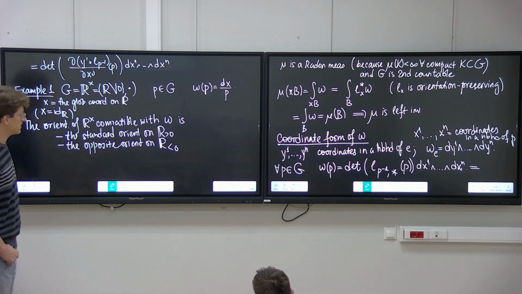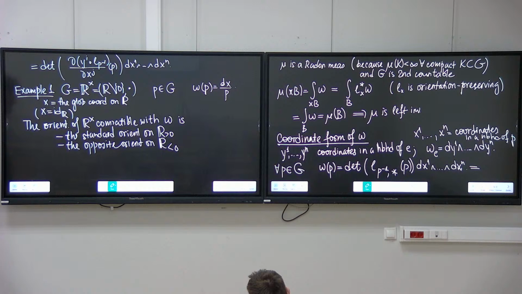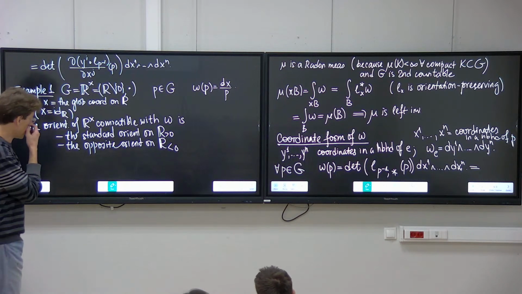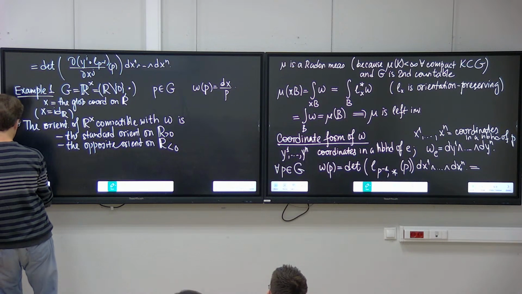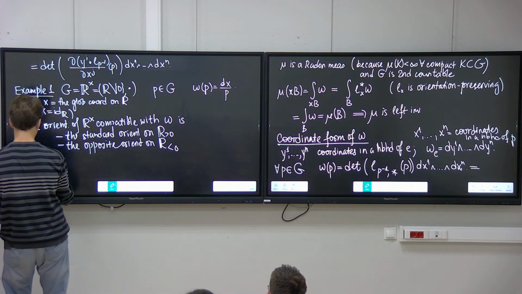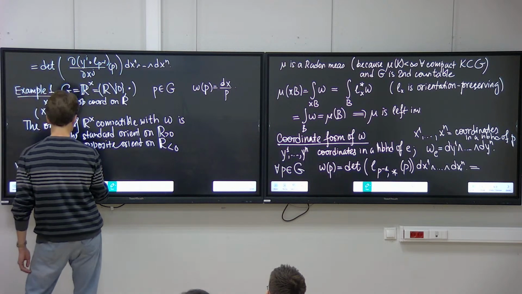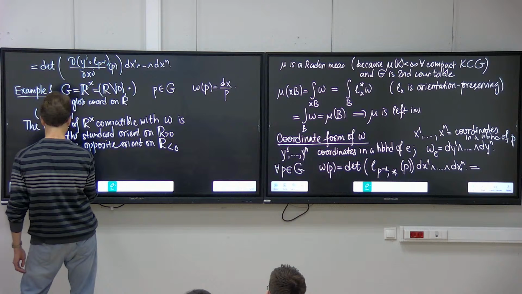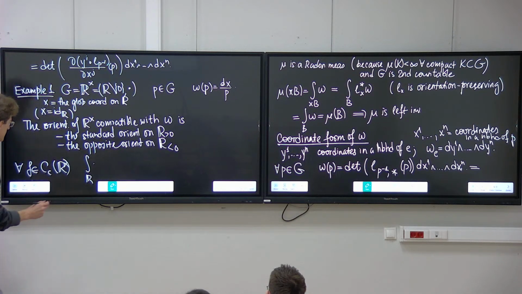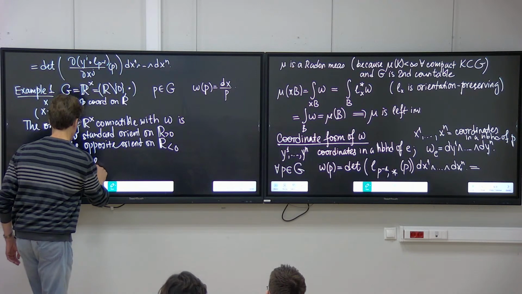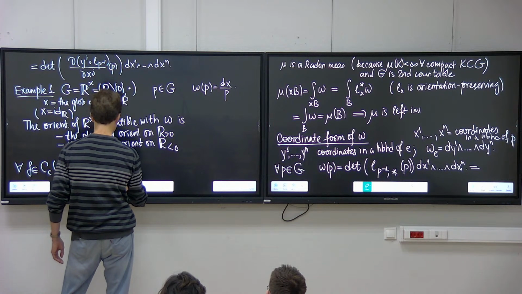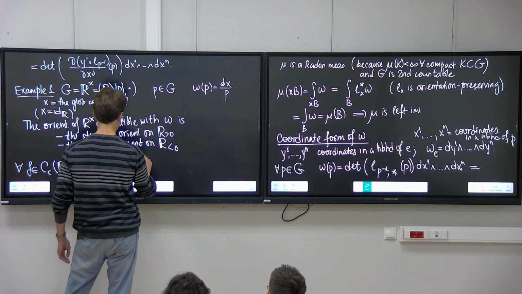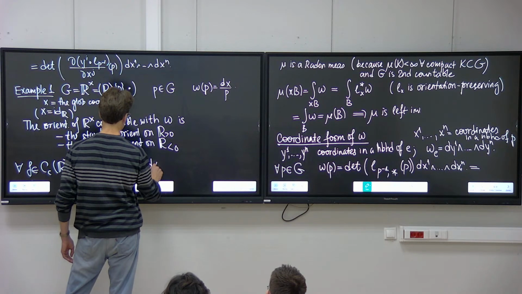So if we want to integrate, not with respect to omega, but with respect to the usual Lebesgue measure, with respect to the usual orientation on the real line, we have to modify our formula slightly, and we come to the following formula. For every continuous compactly supported function f on the real line, the integral over R cross of f with respect to the Haar measure is the integral with respect to the usual Lebesgue measure divided by the absolute value of x.